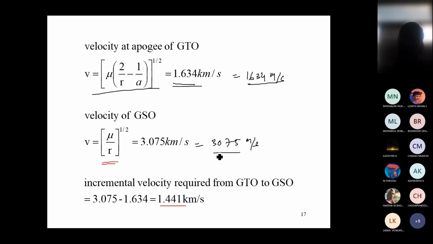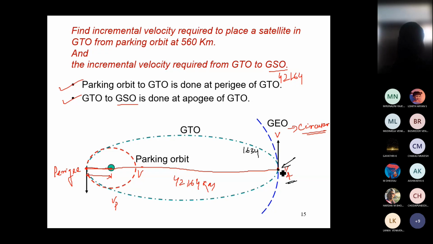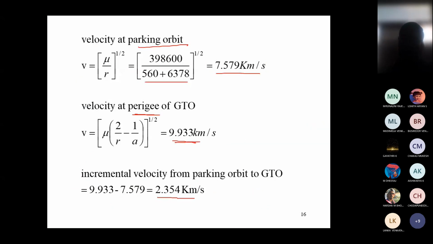Now this velocity 3075 is the velocity at this point when the satellite changes its orbit from GTO to GEO. So the velocity increased to this value. And this orbit is an elliptical orbit. This orbit is a circular orbit.